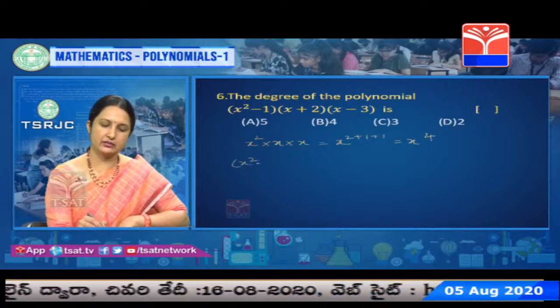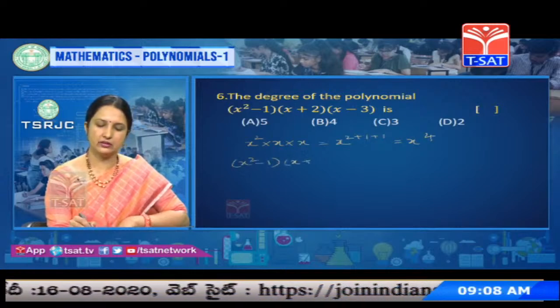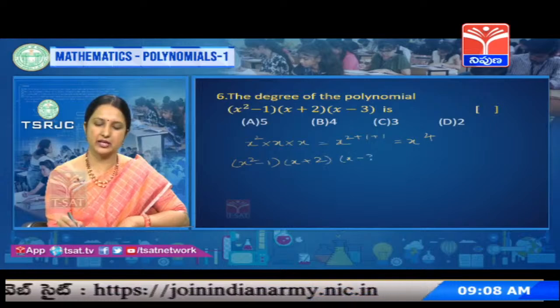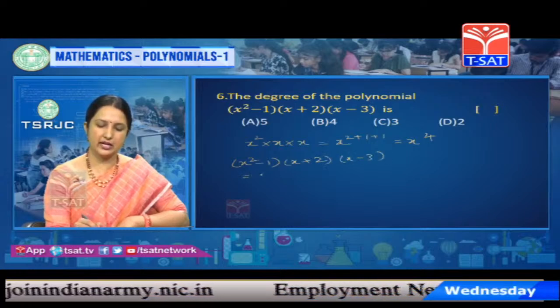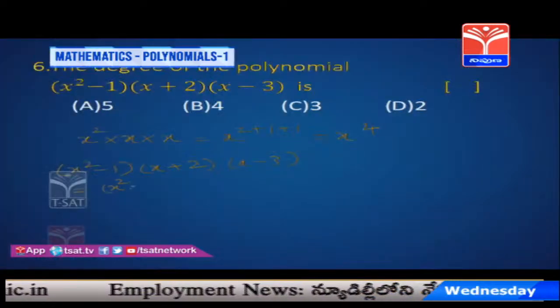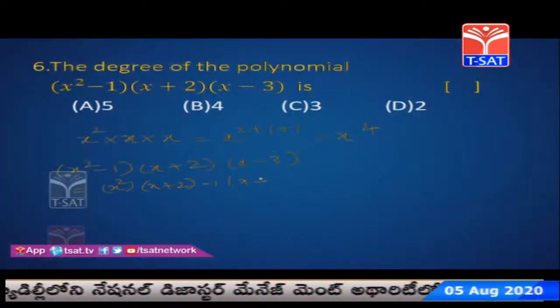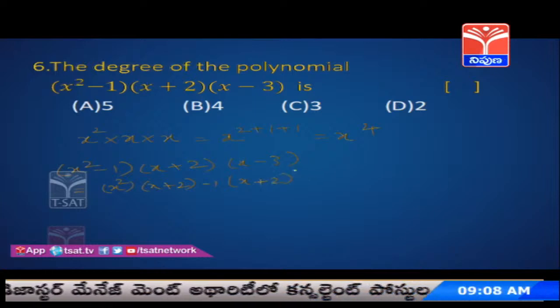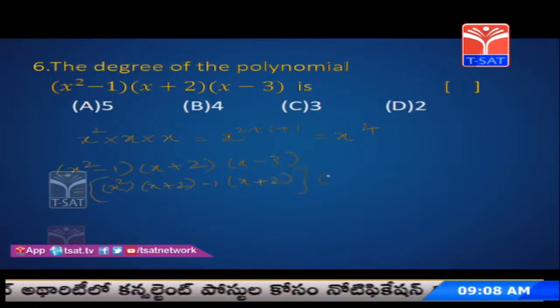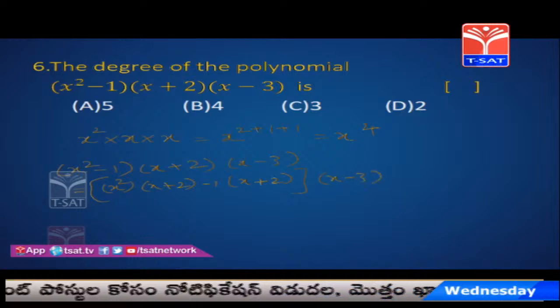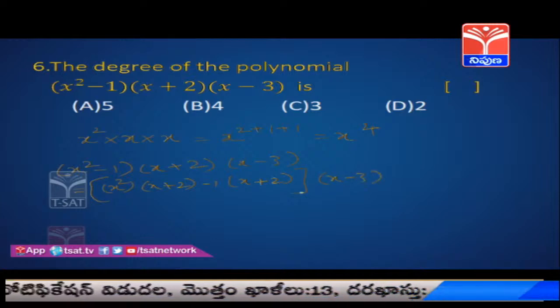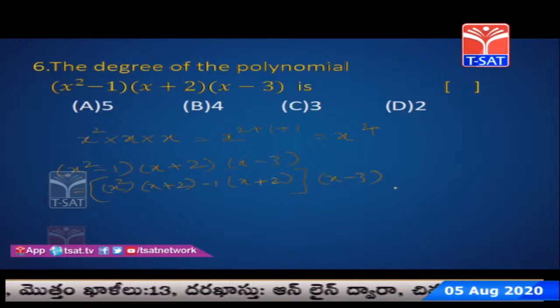If you started to multiply in this way, first you have to multiply the x square with the x plus 2, then minus 1 with x plus 2, the next complete one you have to multiply. It will take more time, so you will lose that time.